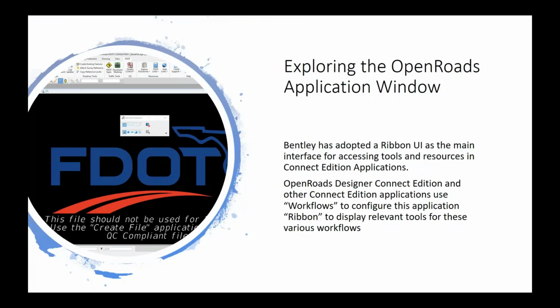As many of you know, Bentley has adopted a ribbon UI as the main interface for accessing tools and resources in the Connect Edition applications. OpenRoads Designer, Connect Edition, and other Connect Edition applications use a Workflows drop-down menu to configure this ribbon. This changes which tools are displayed on the ribbon, displaying tools that are relevant to that workflow.